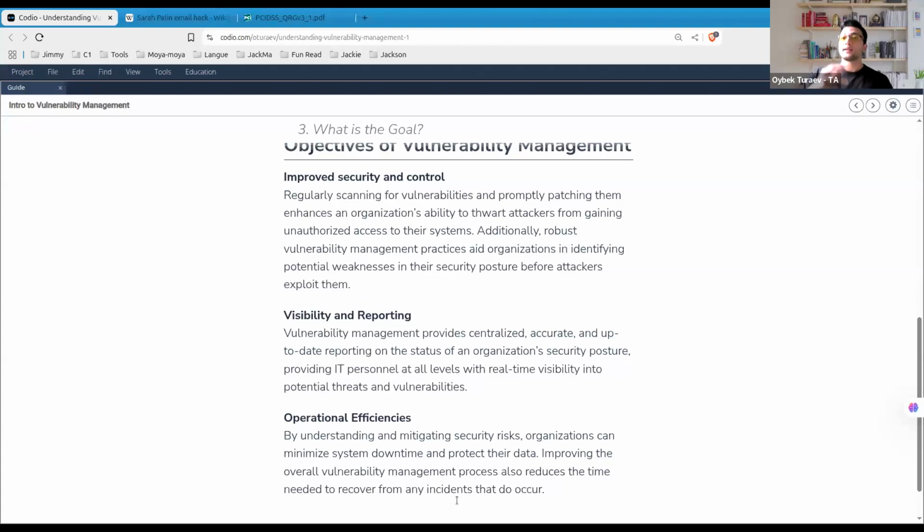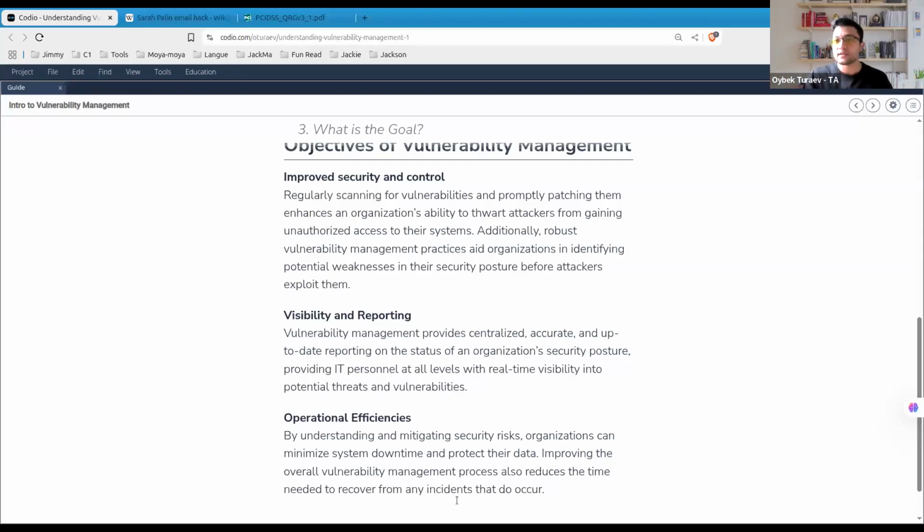For example, let's say today in Windows 11 2025, there is a vulnerability concerning printing services. Let's say it's just released today. For the next month, most of the time, like 70 or 80% of the companies will not patch this problem.